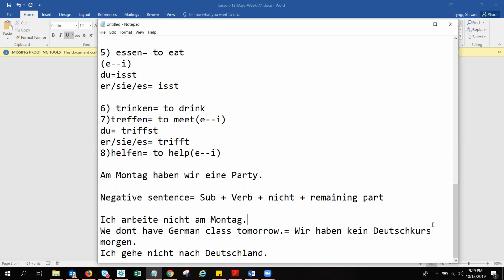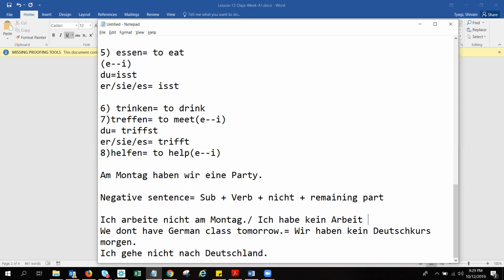I don't have work and I don't have my German class. There is a difference. We are using not in German, in English, but I have no work means work is the noun. So, ich arbeite nicht am Montag, but if I write I have no work, ich habe kein Arbeit. Arbeit with capital A is work, noun.